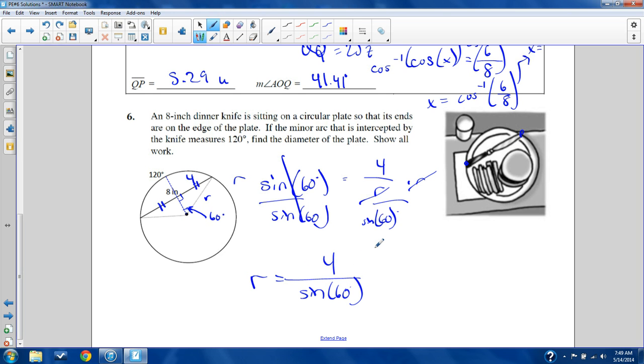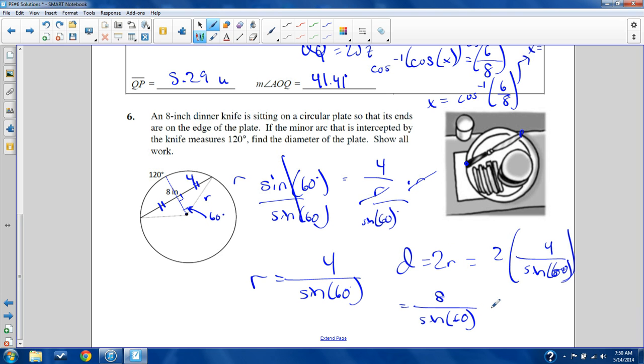I'm not going to approximate that right now because I need to find different values. I need to find out what the diameter is, which is 2 times r. So that's 2 times 4 over the sine of 60, which is 8 over the sine of 60.